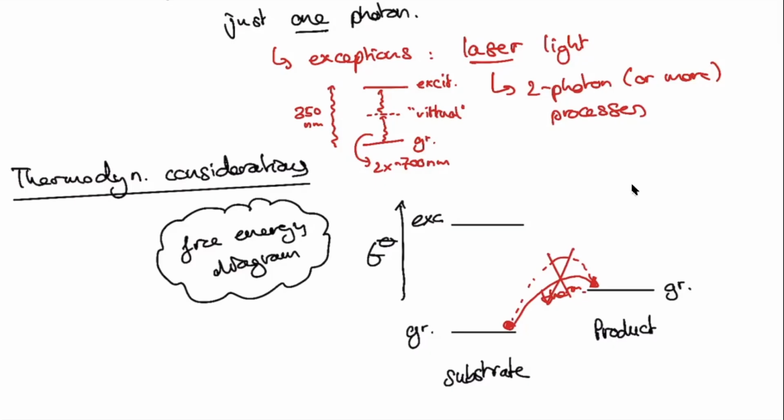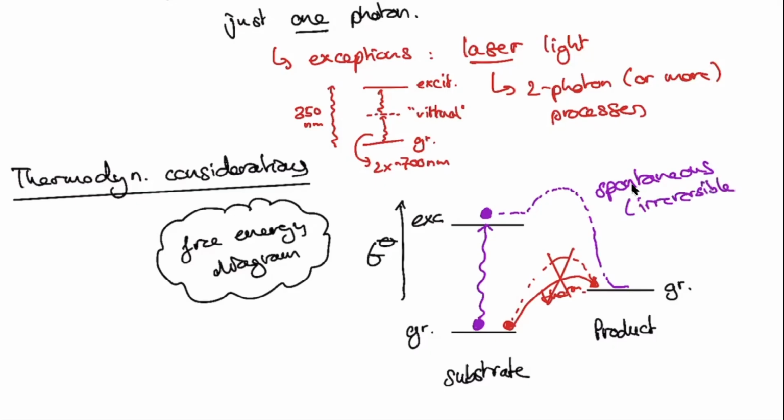But if we start here, if we first excite to the first excited state, then again there will be a kinetic barrier, but like for all processes, we have an energetically downhill process, which is spontaneous because it's going down in Gibbs free energy from the excited state, and this is going to be irreversible, as we'll see later. So it's impossible to go from the ground state of a product back to the excited state of a substrate.